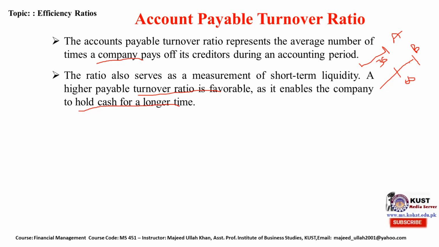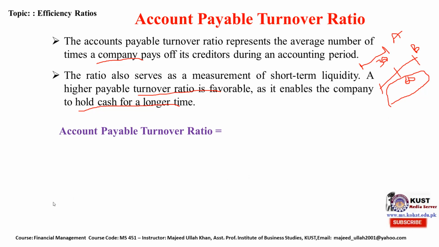B company enjoys an extended credit limit from its supplier, while A company has just a 30 days credit limit, so B will have more liquidity than A because it is not bound to pay its supplier in 30 days. It's bound to pay in 60 days. So the extended period is favorable for the company in the account payable turnover ratio.